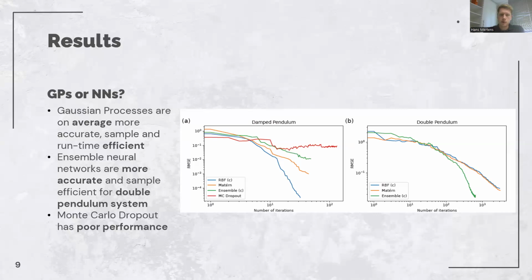The Monte Carlo dropout neural networks did not perform well for pretty much any application. They required a lot of training data and still performed worse and still converged to less accurate solutions than the other alternatives.